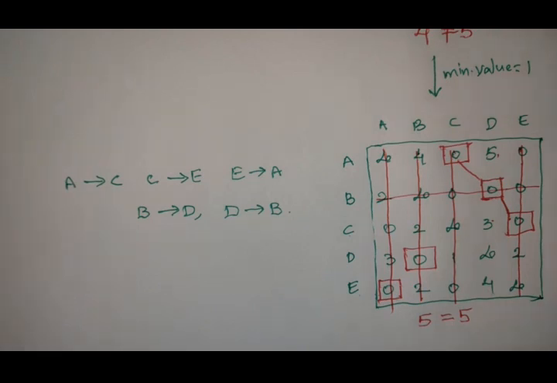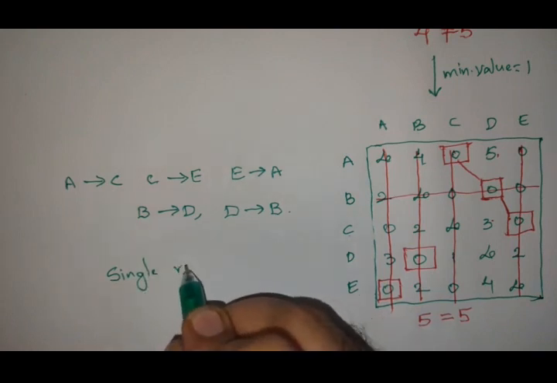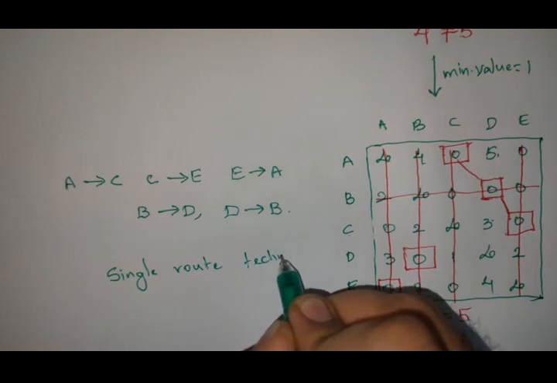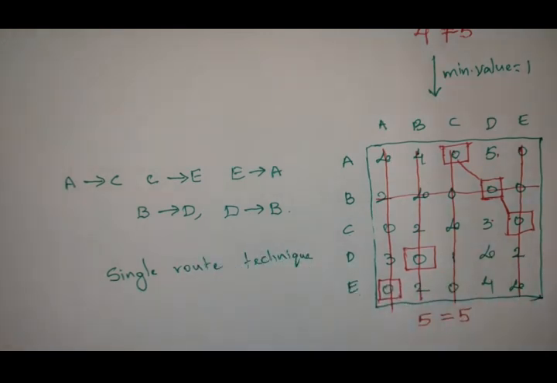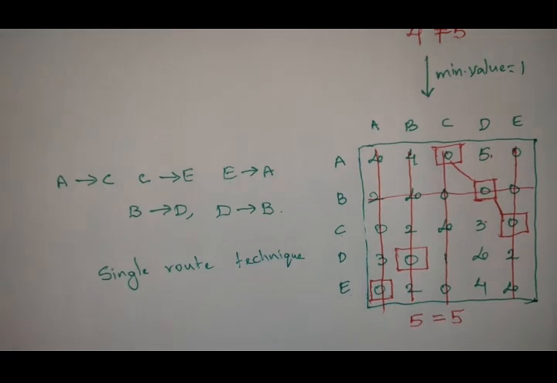By using that technique, we can form a shortest route among the 5 cities. So how to form that one? Now let us see that procedure. I am going to explain.